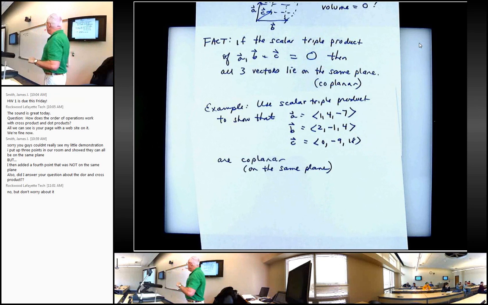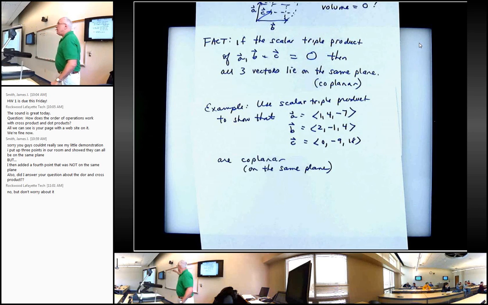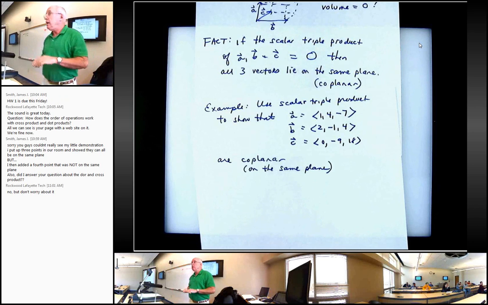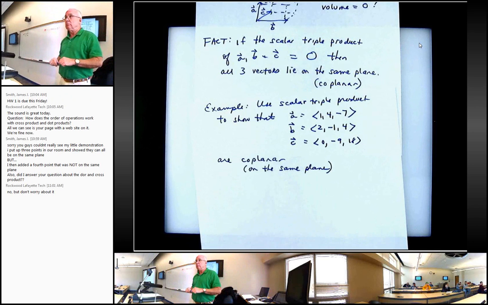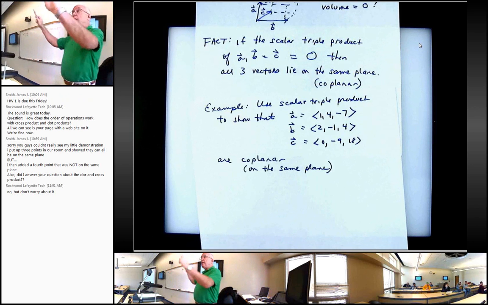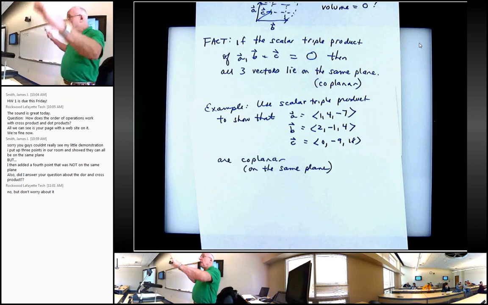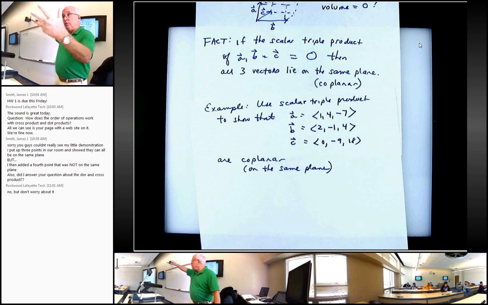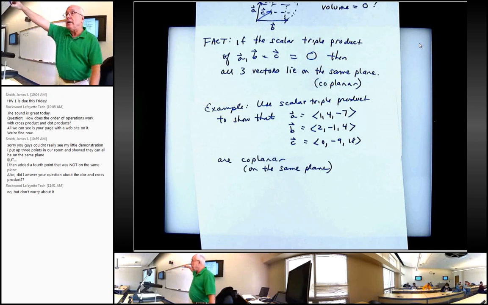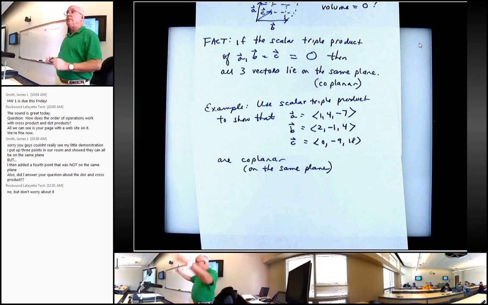We can draw a vector from, say, this one to that one, and a vector from this one to that one over there. That's two vectors. Can they be considered to be on the same plane? Yes, they can. Because 3 points will determine a plane. So given 3 points, I can have two vectors. They're on the same plane.